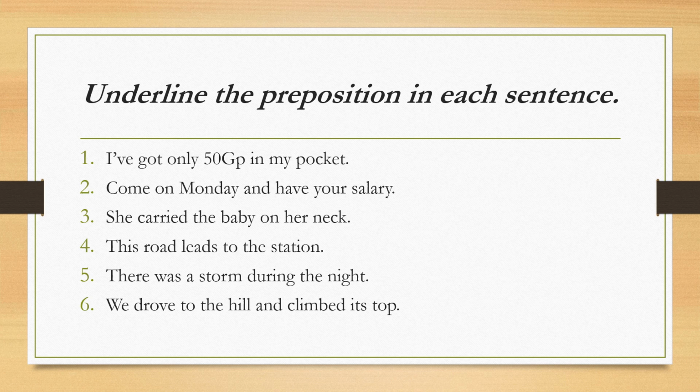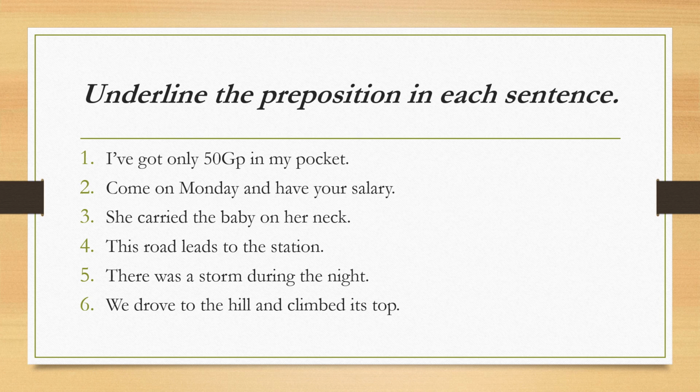So on a quick note, we have these simple questions for you. Underline the preposition in each sentence. In due course, we'll be looking at how to form good and meaningful sentences with each of these. However, with what we have just done, I would want you to copy and underline the preposition in each sentence.